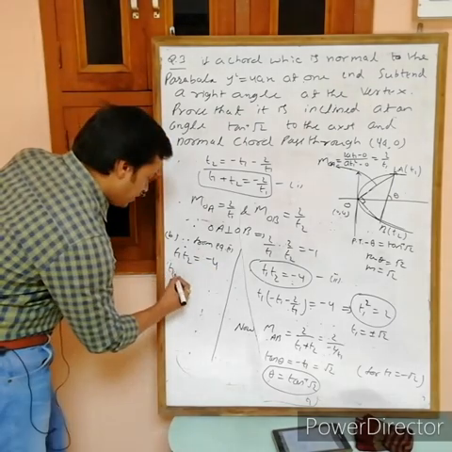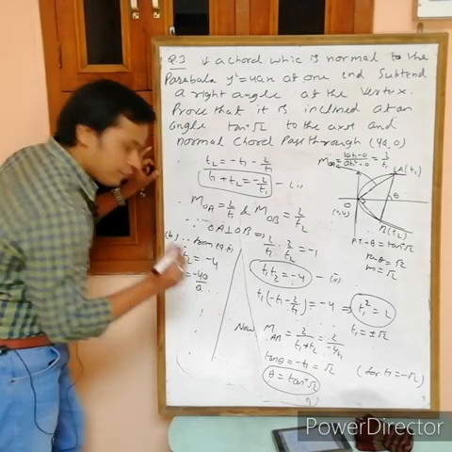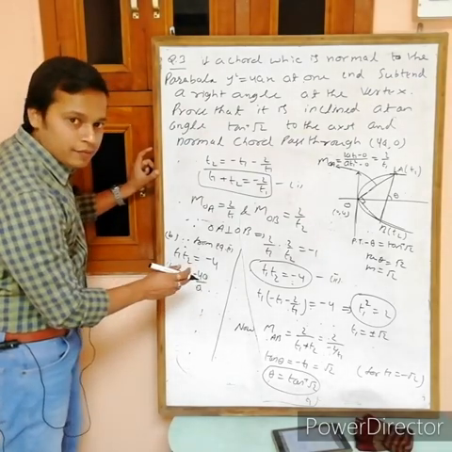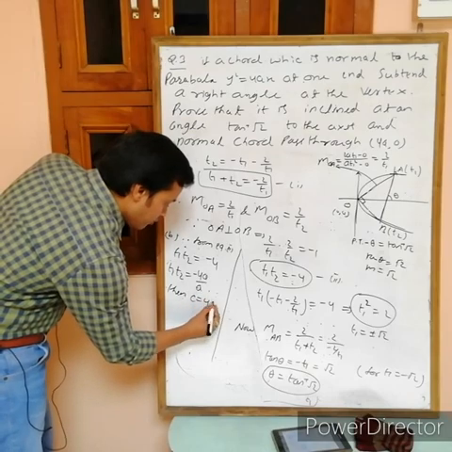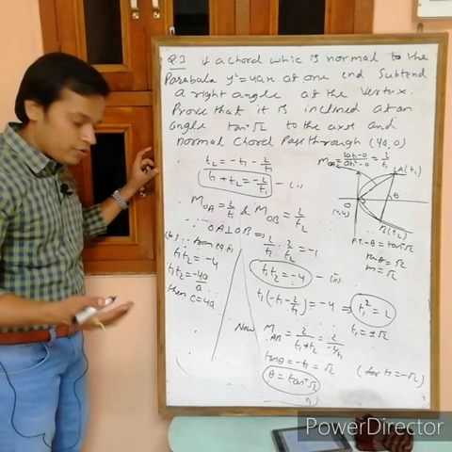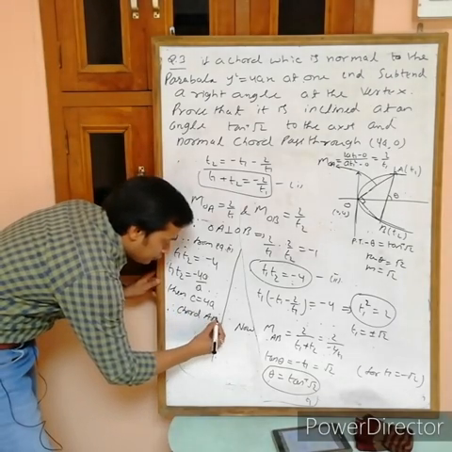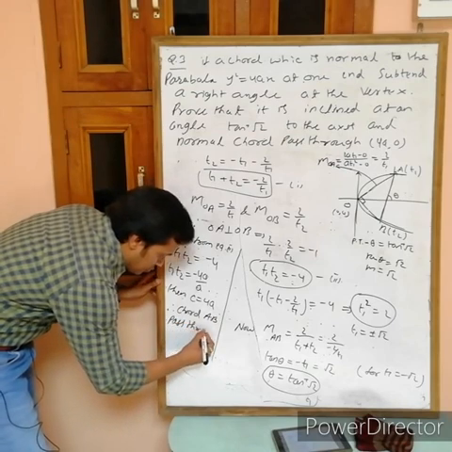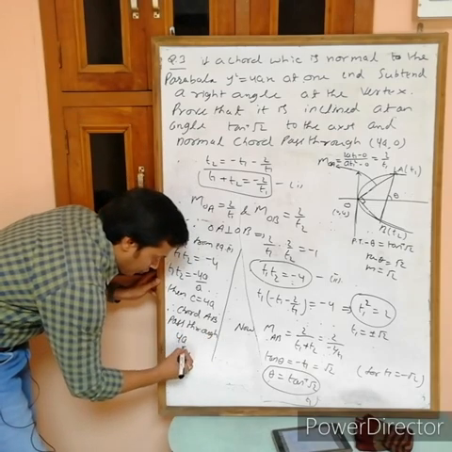Okay, can I write t1 t2 equals minus 4a by a? Now see, this is like minus c by a, then c equals 4a, and the chord passes through c comma 0, therefore chord AB passes through c comma 0, where c is 4a.